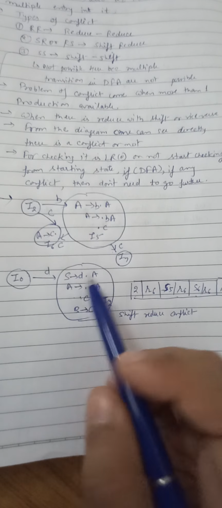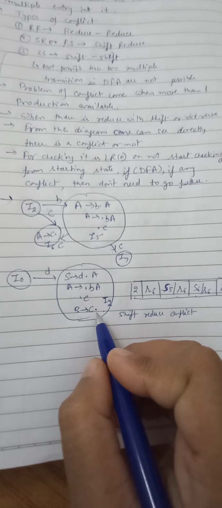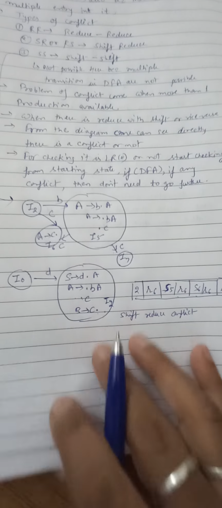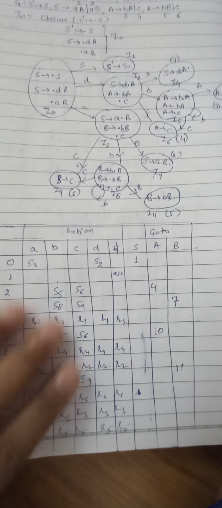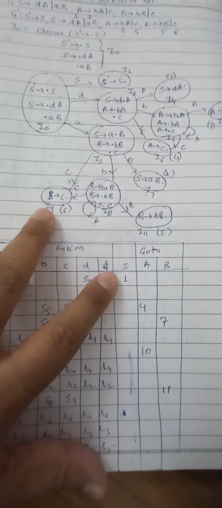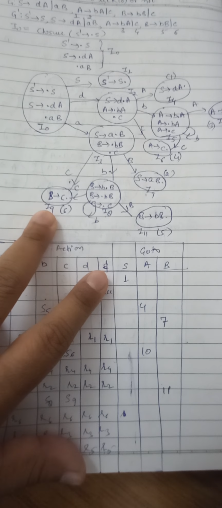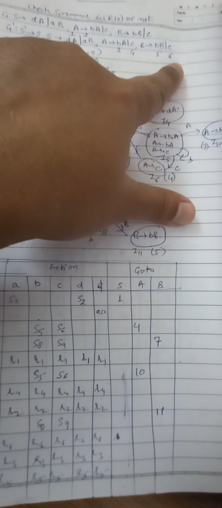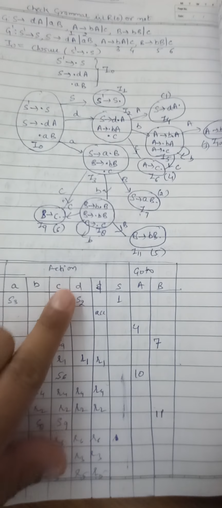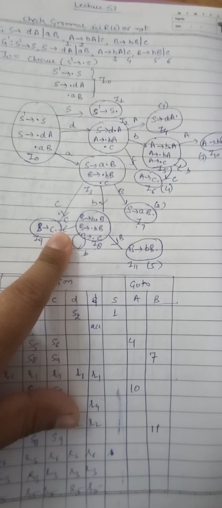It is a shift-reduce conflict because B tends to C dot. We are reaching state 9 from the diagram which we learned in the last lecture. So we are reaching 9, and we have R6 also, because, as I have told you, the production B tends to C is completed, so R6 because it's a reduction.